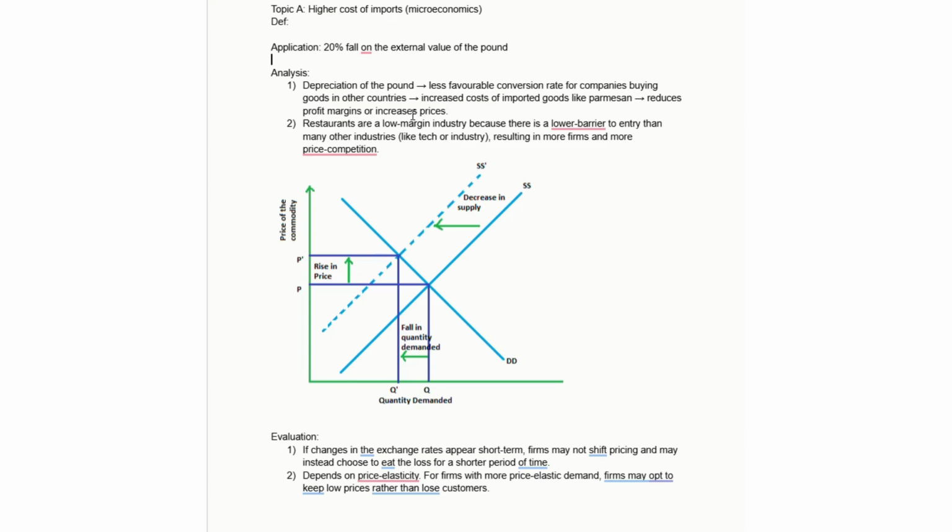So there's also not masses of headroom in terms of their ability to just eat the costs, because it's much easier to eat the cost of increased import prices if you're a business that has large margins to begin with. Restaurants are not in that position.